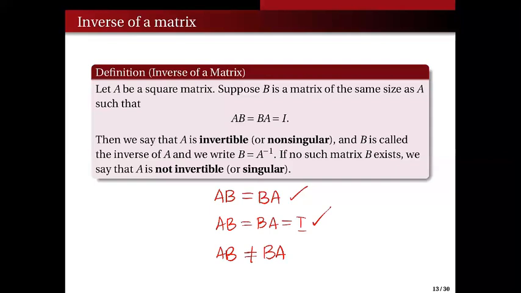For this set, we say that the multiplication commutes for this set of matrices, the set of matrices satisfying this. And of course, invertible matrices also belong to this set. And then you will have this set of matrices where you got AB equals BA equals I, the set of invertible matrices.